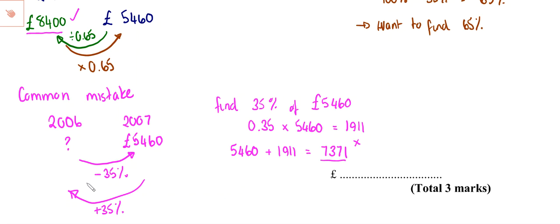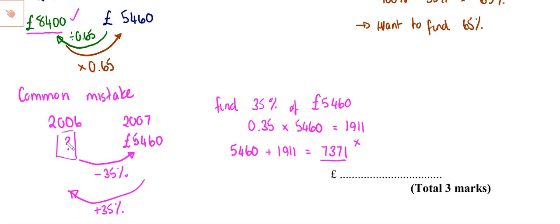But that's what I'm trying to do, yeah? If I want to know this number here, if I know this number minus 35% is that, if I add it back on, don't I get back to that number? Yeah, it kind of makes sense. So why doesn't it work?